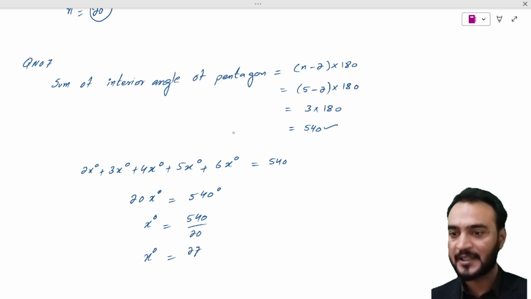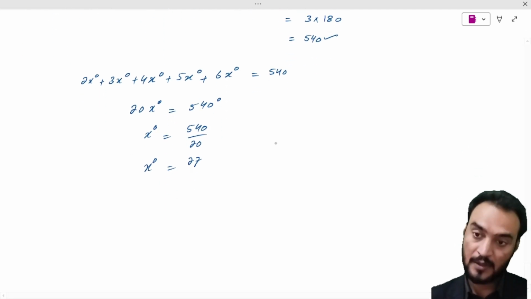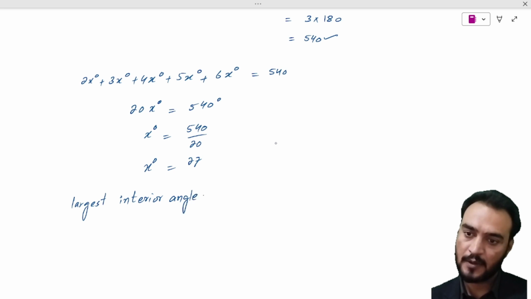And the largest interior angle now is 6x degrees. Largest interior angle is equal to 6x degrees.